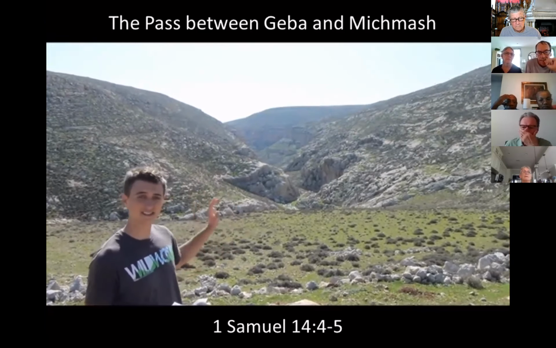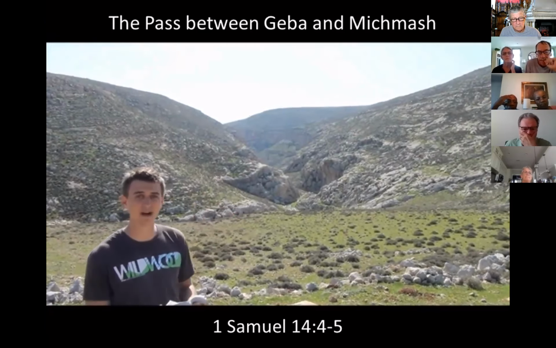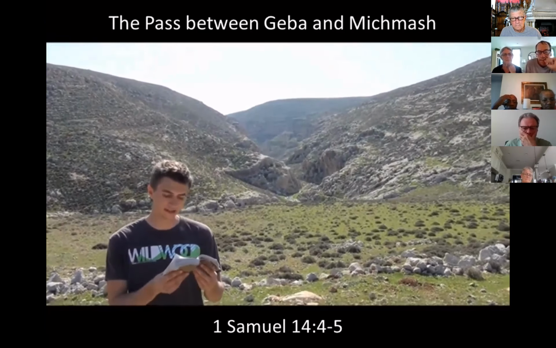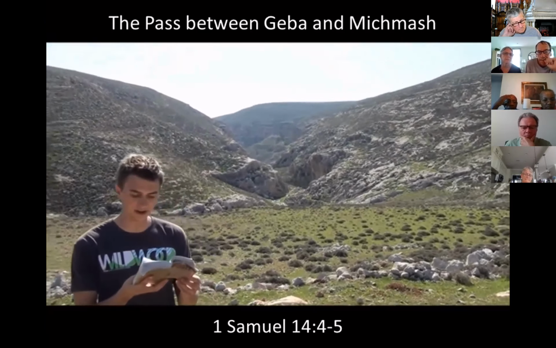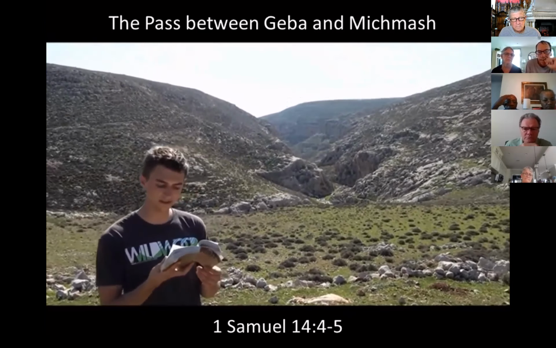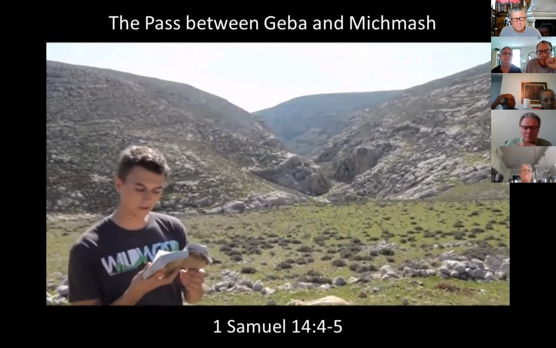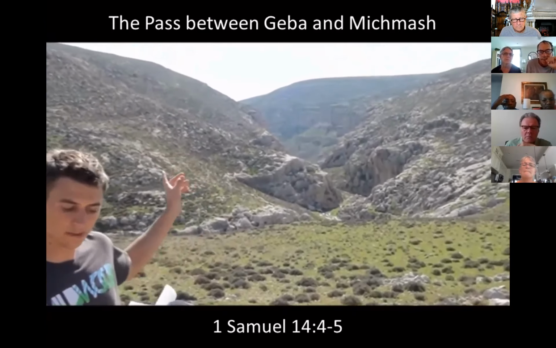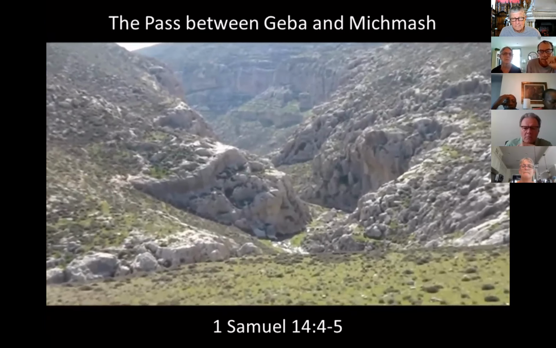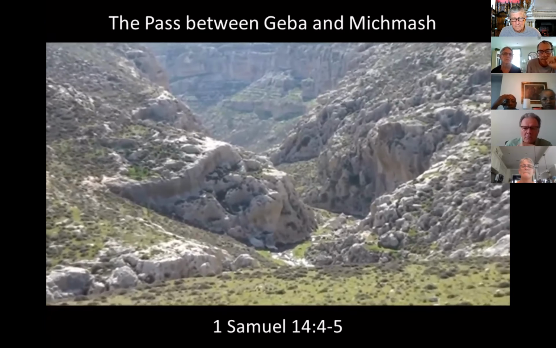And the cliffs have been named in the Bible in 1 Samuel 14:4, where it says, "On each side of the pass that Jonathan intended to cross to reach the Philistine outpost was a cliff, one called Bozez and the other Sinai. One cliff stood to the north toward Michmash, and the other to the south toward Geba."